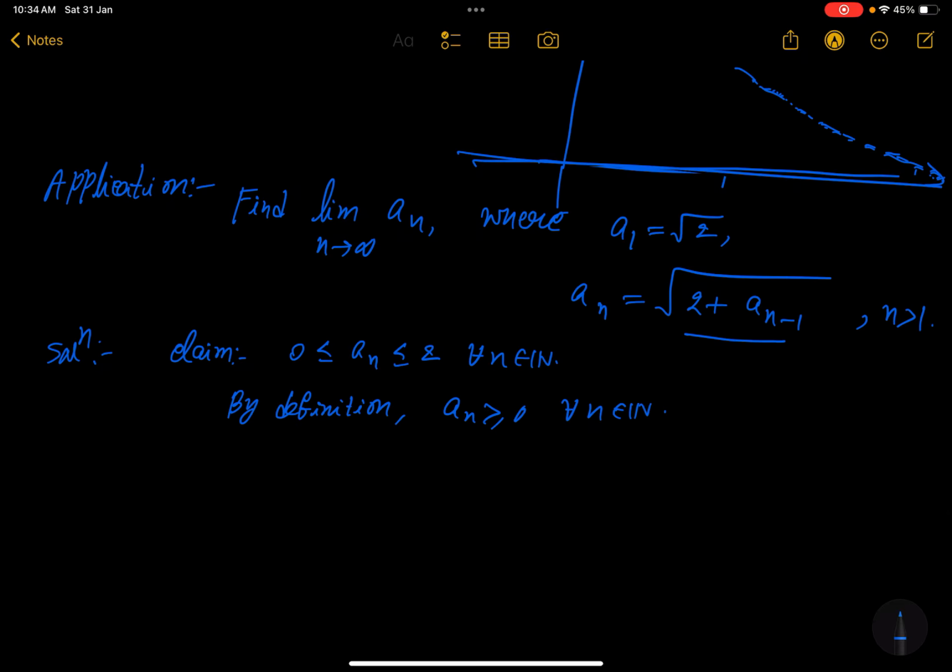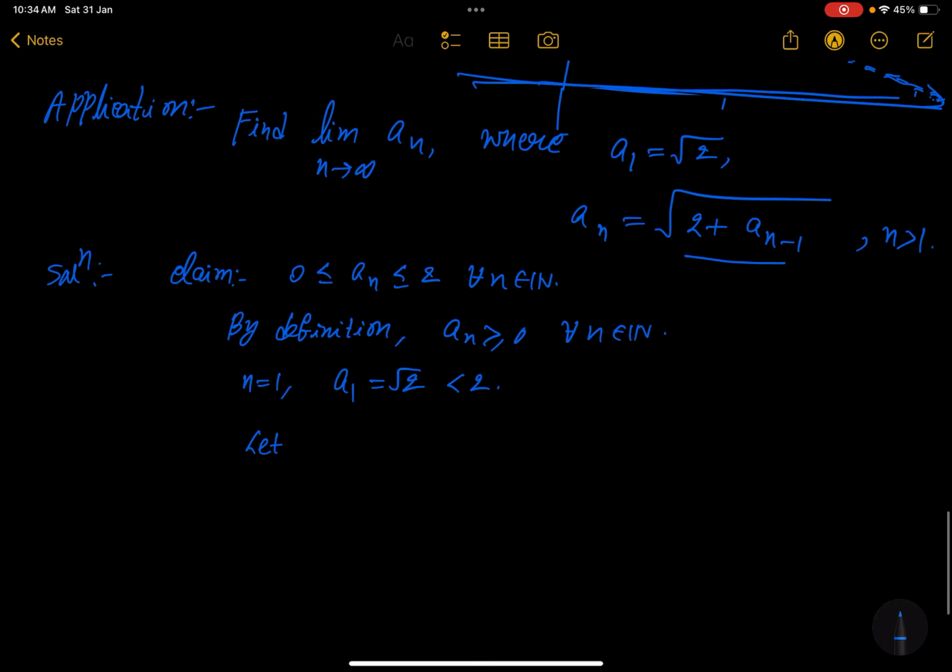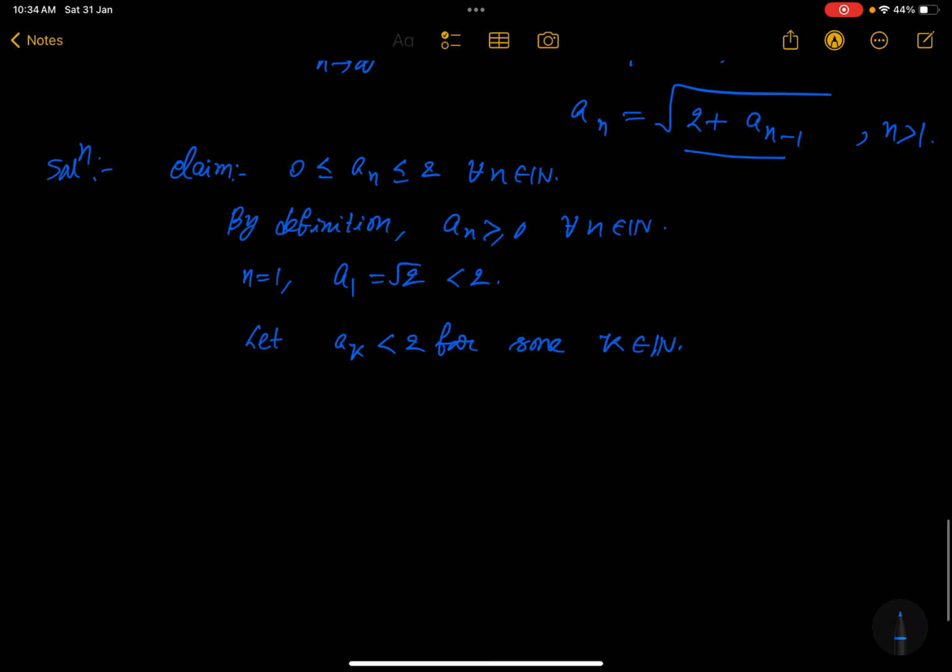Okay, by induction, for n equals 1 we have a1 is equal to root 2, which is less than 2, right? Let a_k be less than 2 for some natural number k. We claim a_{k+1} is less than 2. What is a_{k+1} by definition?